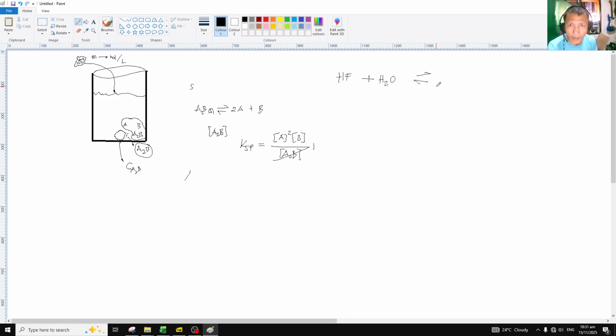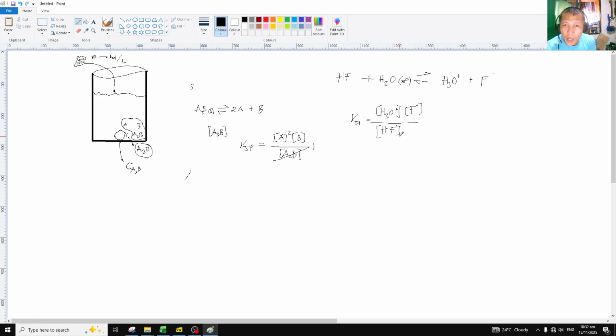And then you have, of course, H3O plus, and then you have your F negative. So our expression for Ka is equal to H3O plus multiplied by F negative, over the HF concentration.